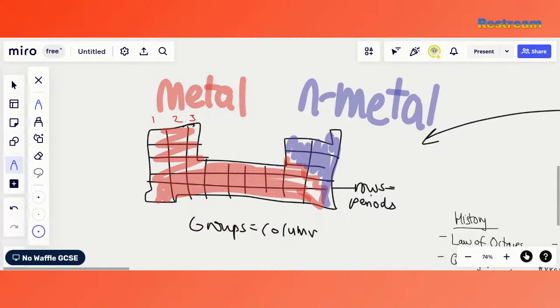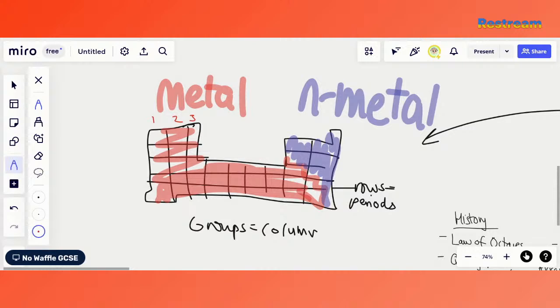The exception to this, however, is group 0, for helium has 2 electrons in its outer shell. This is useful as the way the atom reacts depends upon the number of electrons in the outer shell. So the fact that it's arranged in terms of the number of electrons then tells you the reactivity and the properties.